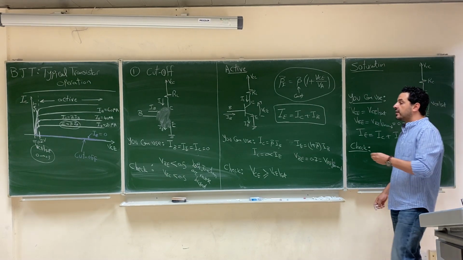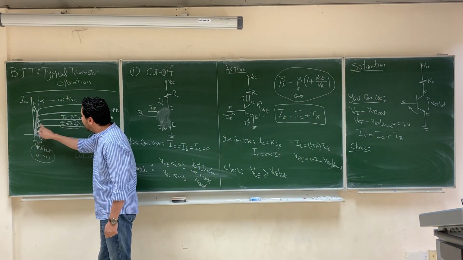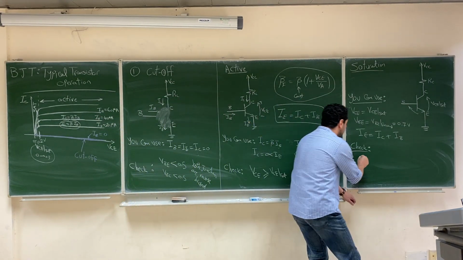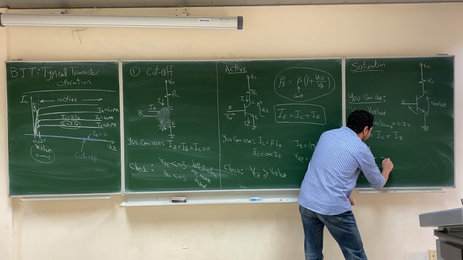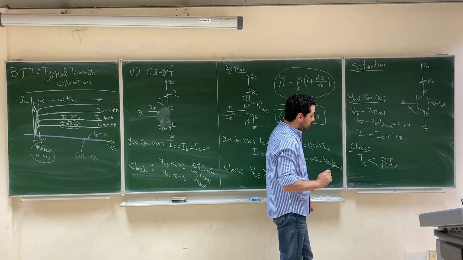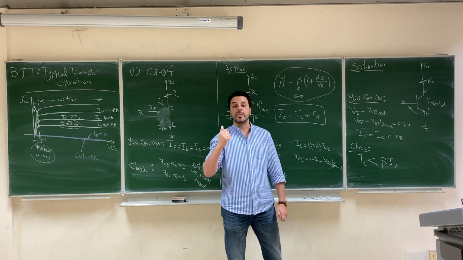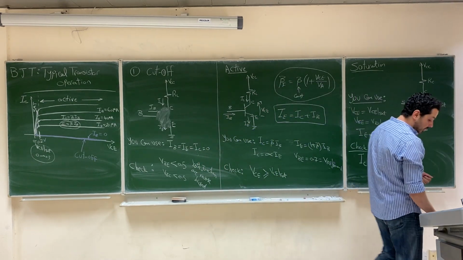You know that in the saturation region IC will be less than beta I base, right? So after you solve your circuit, you have to check that IC must be less than beta I base, and this is the check that we have to do in order to make sure that we are really working in the saturation region.